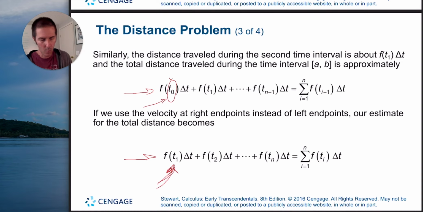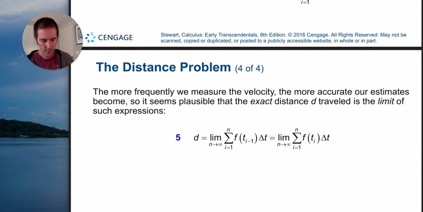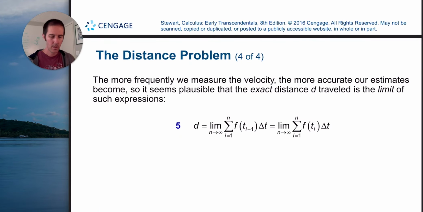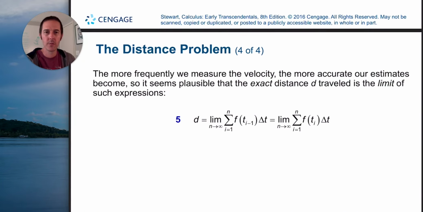Down here, t sub 1 is actually your second x coordinate. And your total distance over that time span or time interval, whether you're using the left approximation or the right approximation, if you're taking the limit and you're sending n, your number of strips, to infinity, they will end up being equal to each other. Your two approximations will be equal to each other.